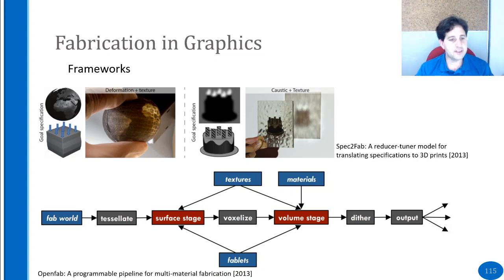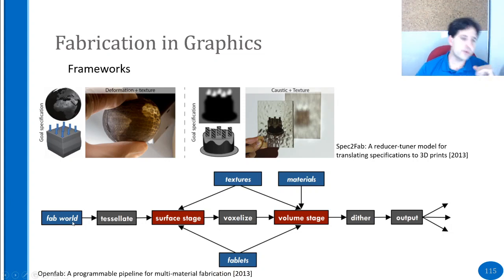So here's an example of a work that tried to imitate the rendering pipeline, the graphics pipeline, for the fabrication world. What they did was, just like we have programmable shaders on the graphics pipeline, they try to have these red stages where you can program what to do and how to tessellate everything.